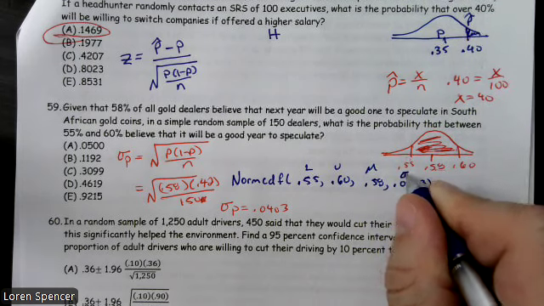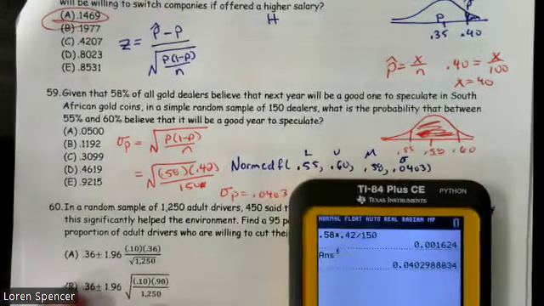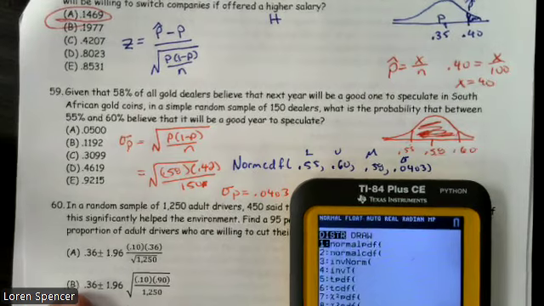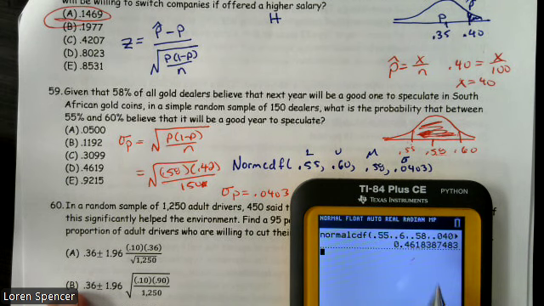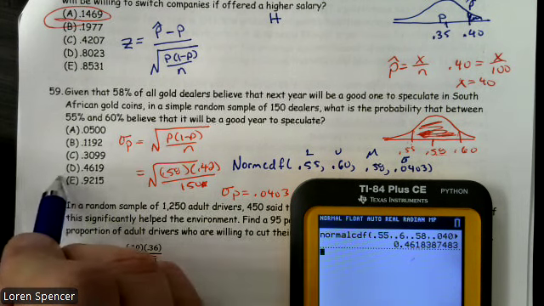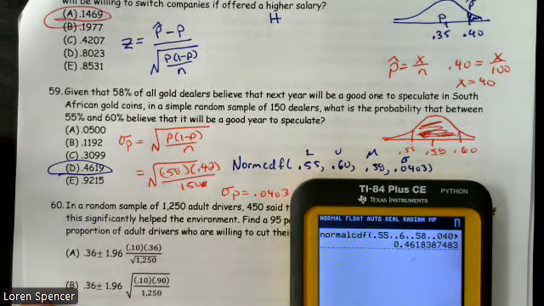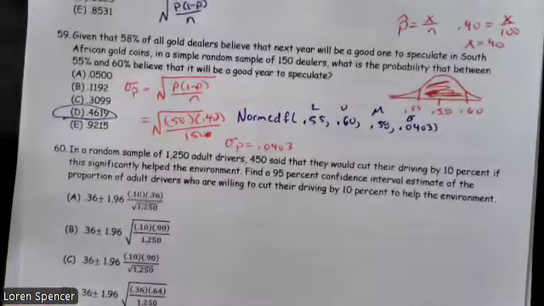And we can hope that I did all that right. So here we go. Second VARS, norm CDF, lower bound 0.55, upper bound 0.60, mean of 0.58, and we have 0.0403, and we get 0.4618. Pretty close, not exact, but that's definitely really, really close. And that is the correct answer.